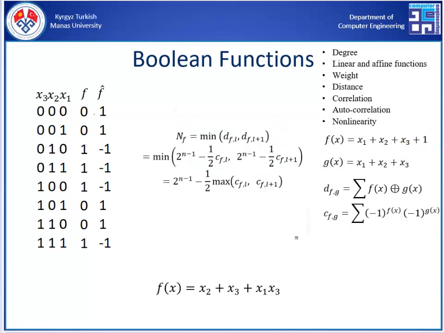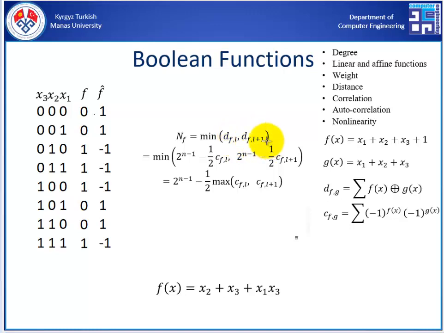Another vital criterion for a Boolean function to be secure is its nonlinearity, but please do not confuse the nonlinearity with the algebraic degree of a function. The nonlinearity of a function is defined as a minimal distance of this function to the set of all linear and affine functions.